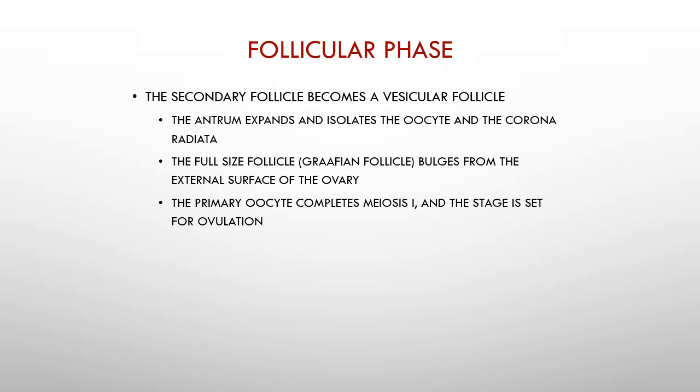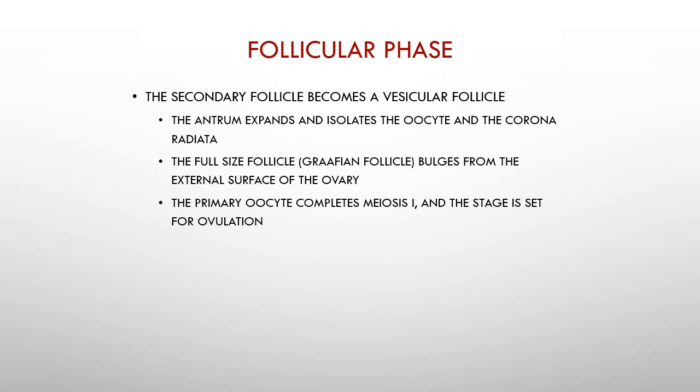The secondary follicle is going to have a larger antrum. It's going to continue to grow inside there. The layers of cells surrounding the oocyte are going to continue. We're going to have the zona pellucida continuing there, and then we're going to develop a corona radiata as well.